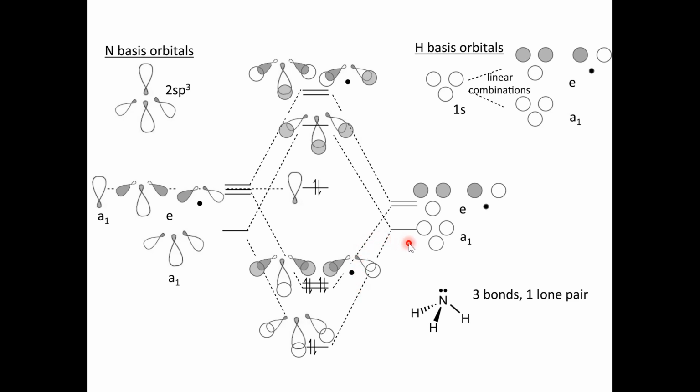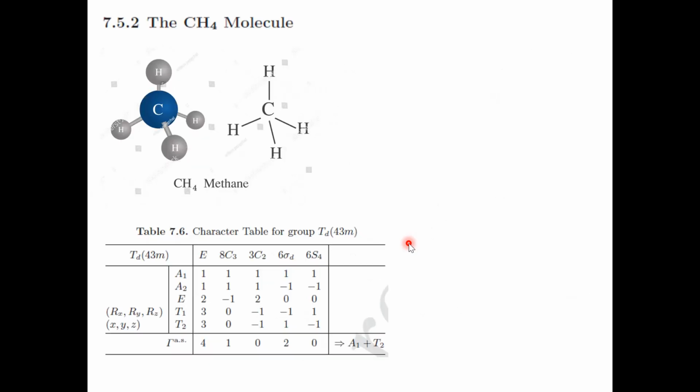All right. Now, let's move on and consider the CH4 molecule, the methane molecule. In this case, once again, we are going to have sp3-like hybridization, but it's a different point group.